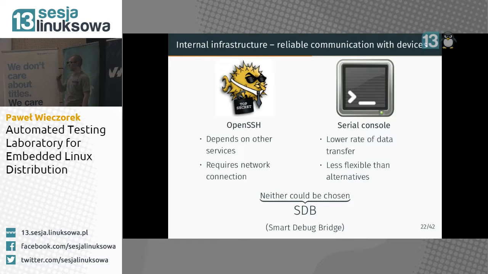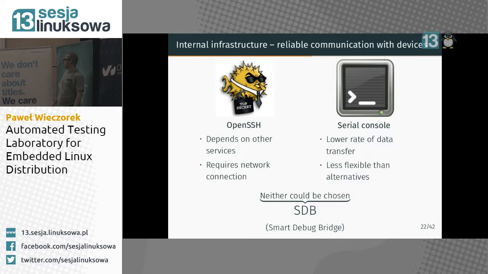It depends on other services, for example, networking. It also requires a physical network connection, and not all the boards support those connections. For example, HiKeys, which we still use, don't even have Ethernet ports on board.